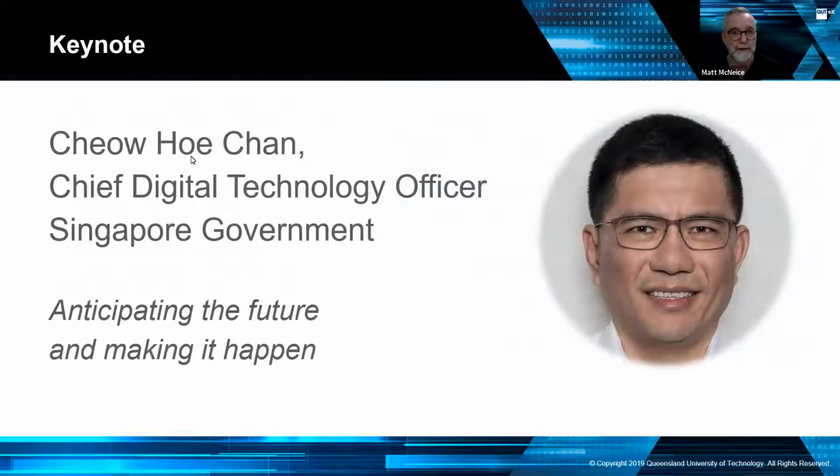So I'll start by introducing Chow Ho. Chow Ho is the Government Chief Digital Technology Officer of the Smart Nation and Digital Government Office in Singapore. And he's also currently the Deputy Chief Executive of the Government Technology Agency of Singapore, so multiple roles.